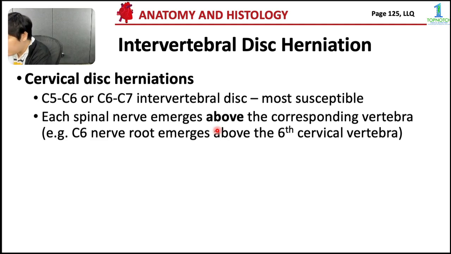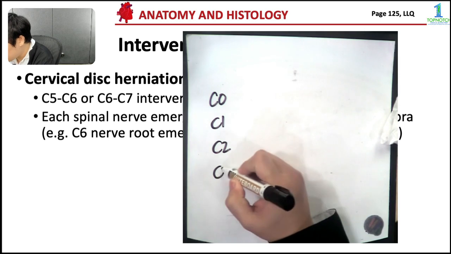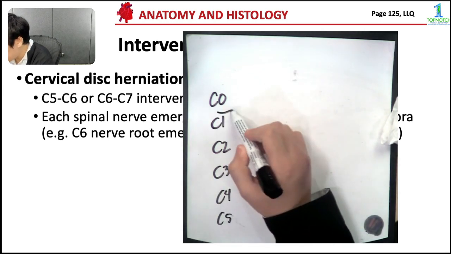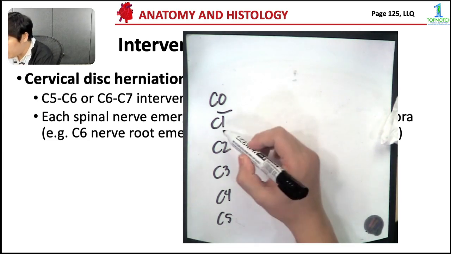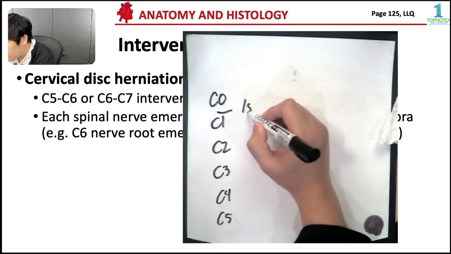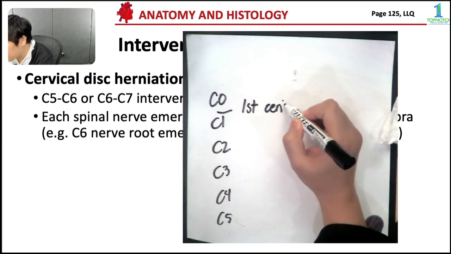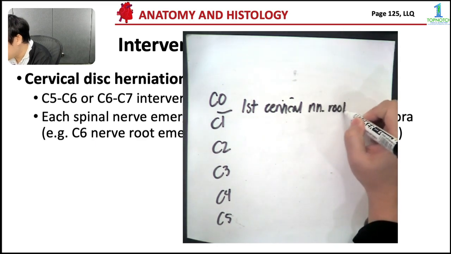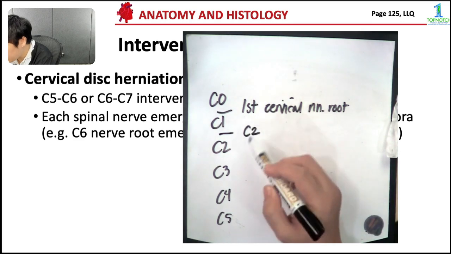So let's draw. C0, C1, C2, and so on. Your first cervical nerve root exits above C1. Exits above C1. First cervical nerve root. So C1, and here is C2.